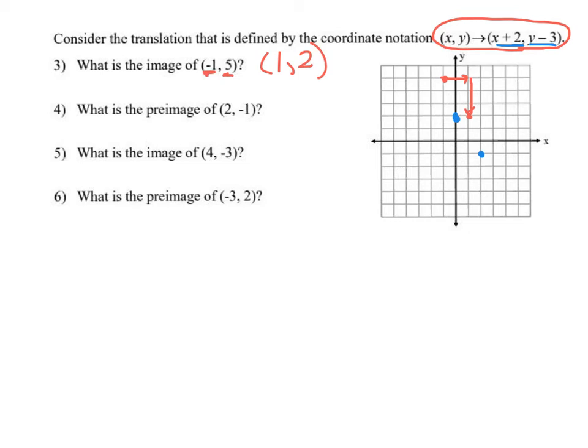So now if we take that pre-image point that we found and apply the coordinate notation, again it says we would go right 2 and down 3, and we land at that point 2, -1. So the pre-image of 2, -1 is 0, 2.